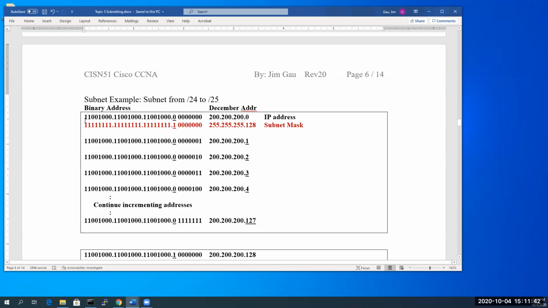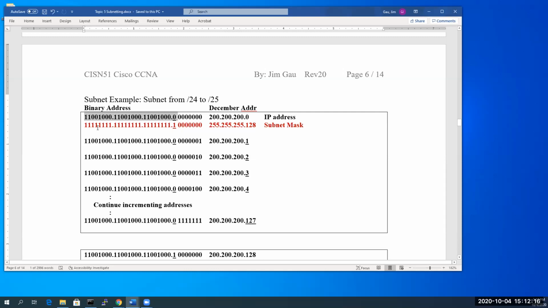So there are 25 ones in total in the subnet mask. That means these 25 bits of the IP, because the corresponding mask bit is a 1, are the network.